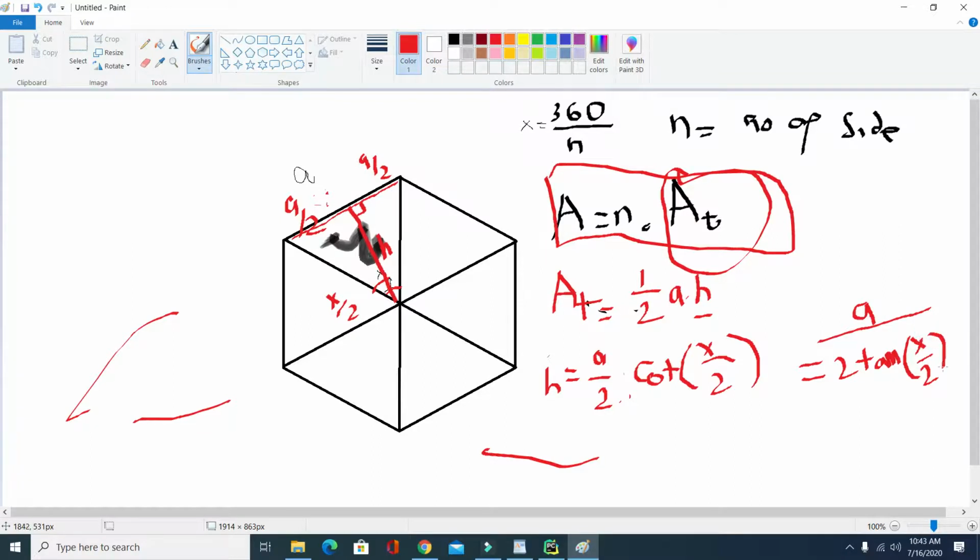Okay. So now we have the formula, right?